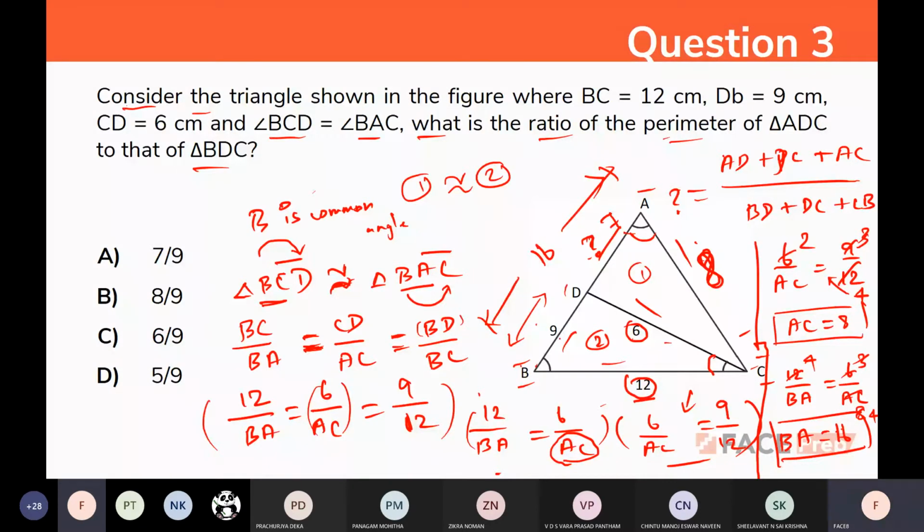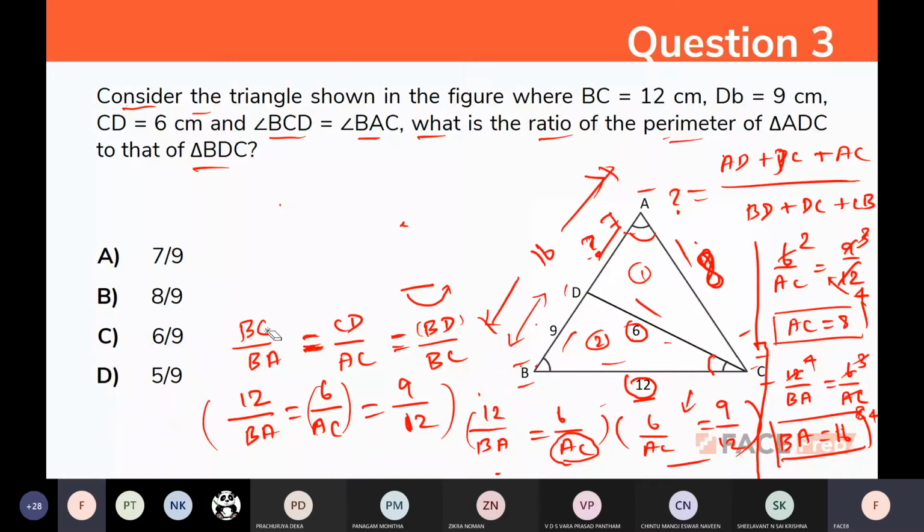Now we got all sides. I think we can erase everything in this side. Okay. So we have all the sides in our hand. So apply each and every value.